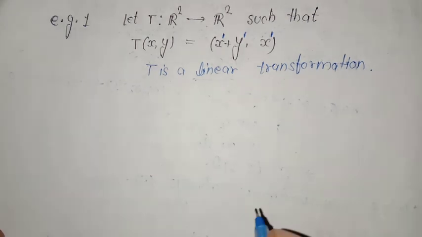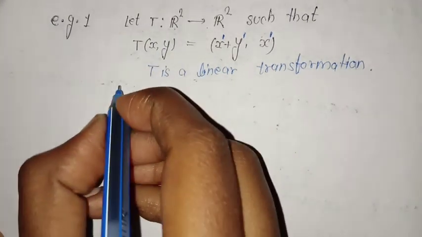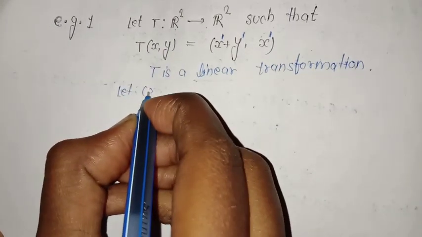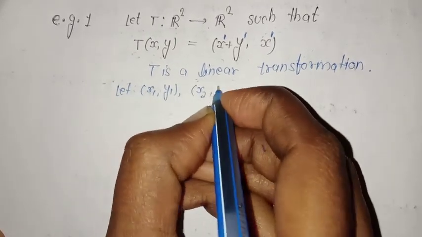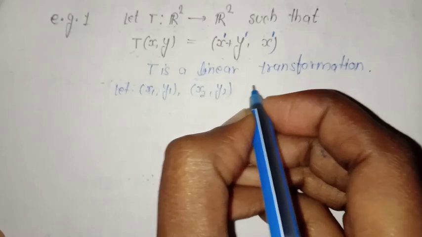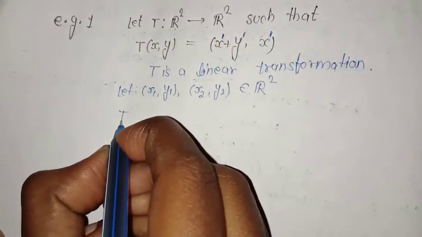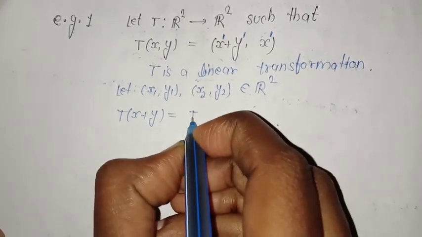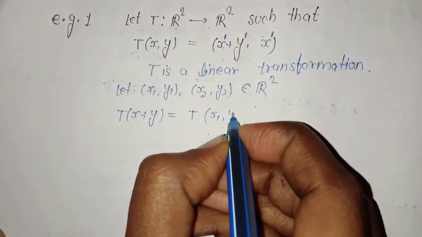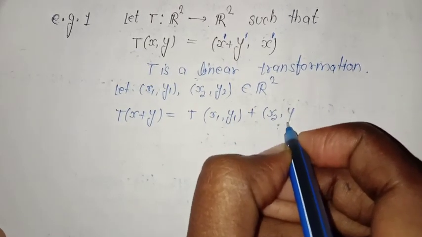For that, we have to take two vectors from the vector space R square. So let (x1, y1) and (x2, y2) be two members of R square. Then we have to check T of x plus y. Then this becomes T of (x1, y1) plus (x2, y2).